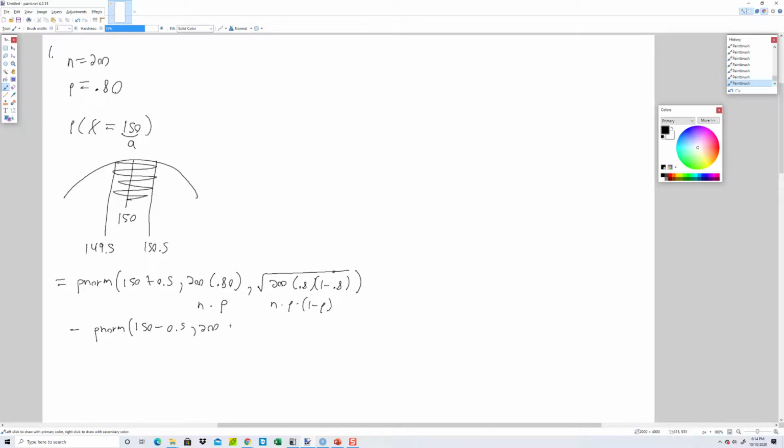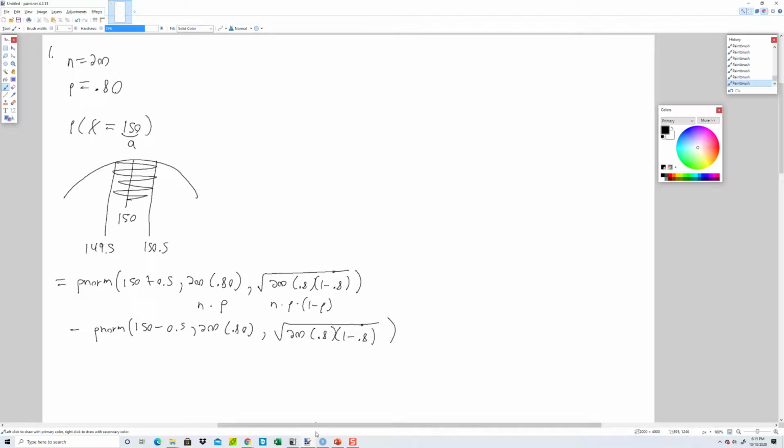And then 200 times 0.80, still n times p, comma, the square root of n, which is 200, times 0.8, which is our p, times 1 minus 0.8, which is our 1 minus p.